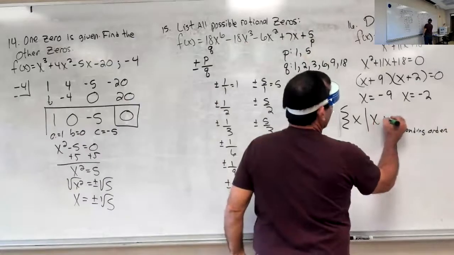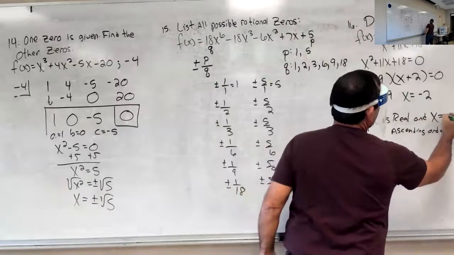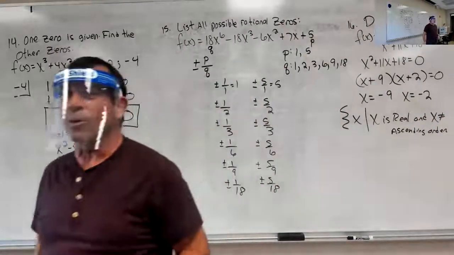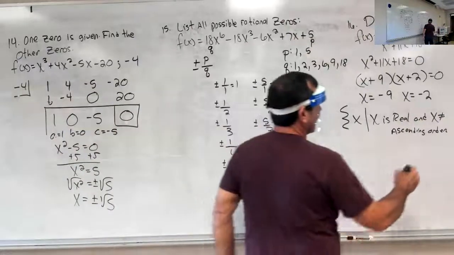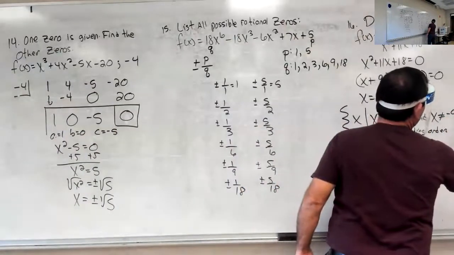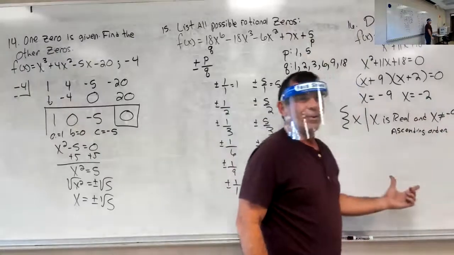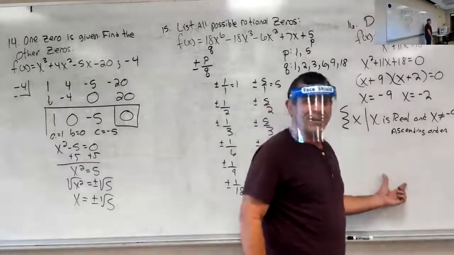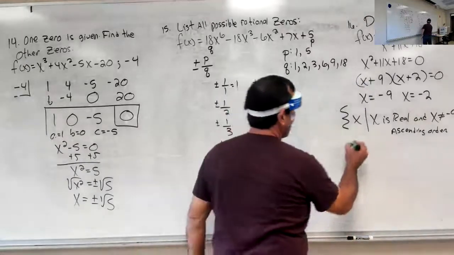So x is real, and x cannot equal, in ascending order, the smallest of those two numbers, -9, and then -2. And I think the reason they do that is because in interval notation, the -9 has to be first and then -2. So that's the only reason I could figure them doing that.